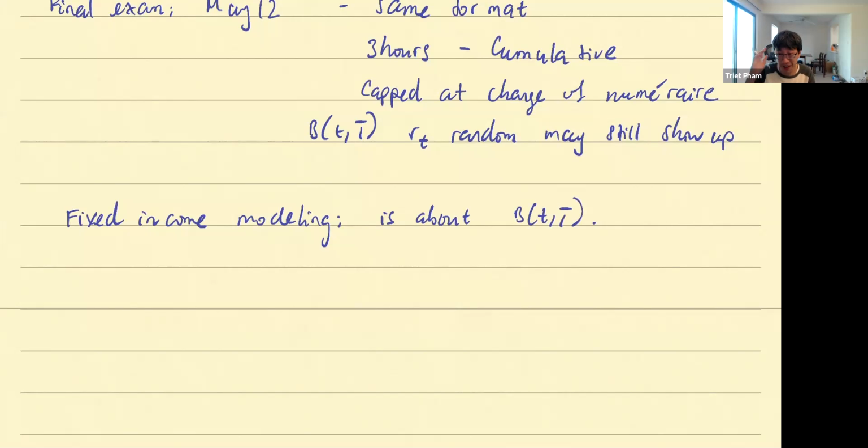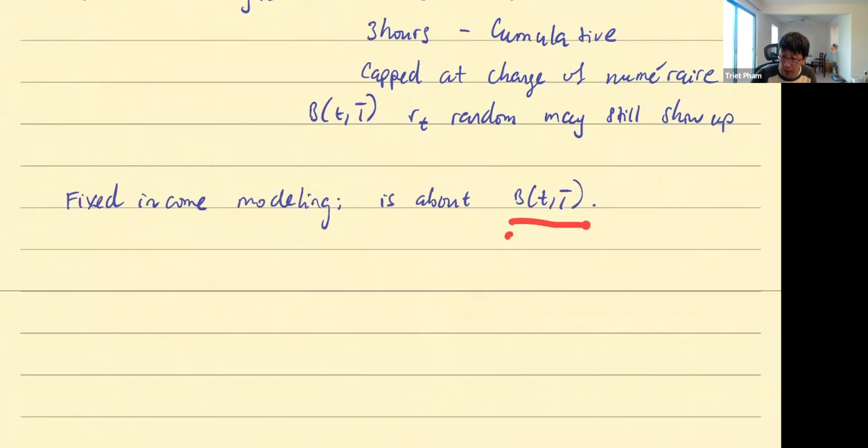Okay, I have to qualify that. This is not the only reason, but bond price seems to be the common thread of all fixed income modeling. Because, so maybe, let me say this, before I say that, right, let me say this.